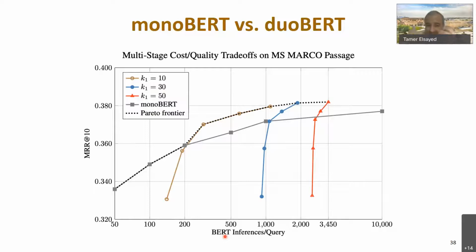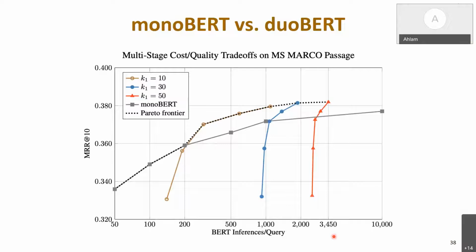So this can give us an indication of the time. Instead of telling you the actual time, we plot on the x-axis the number of calls to BERT. Excuse me, Doctor, can you repeat the last one? After duoBERT we will have 90 calls.